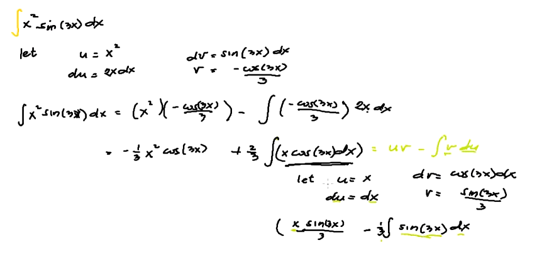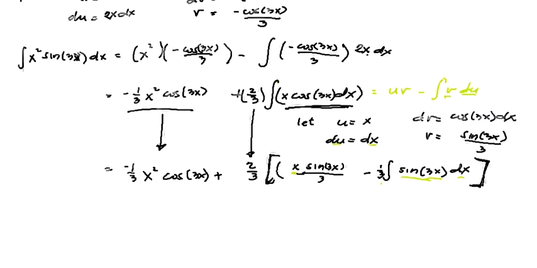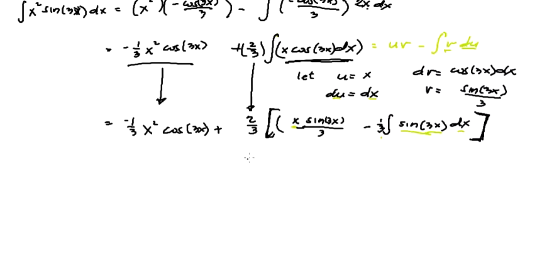Let me write the whole 2/3 here and this form here. Do not forget your bracket, because this whole term is multiplied by 2 over 3. Then let us continue our solution.